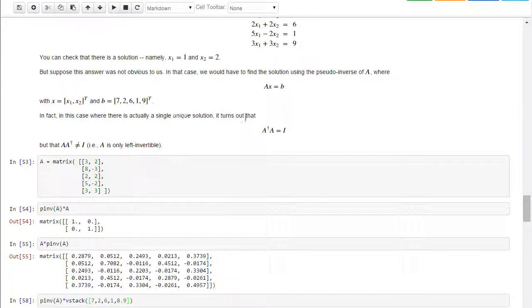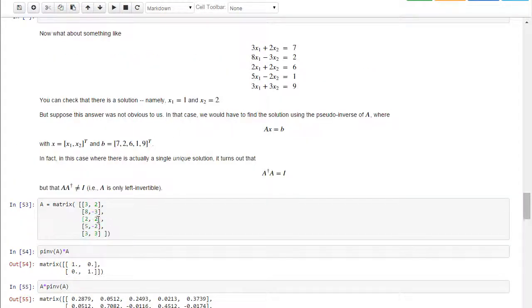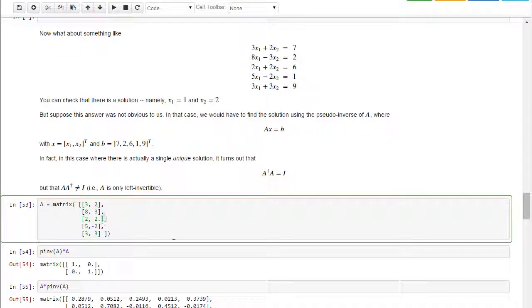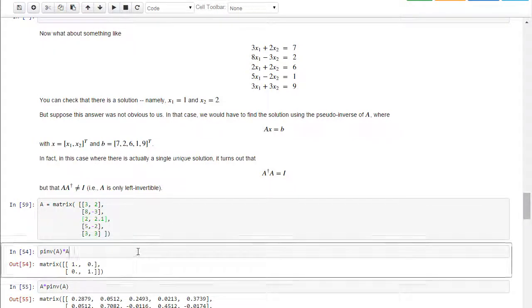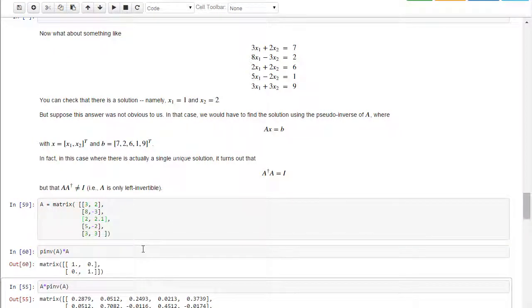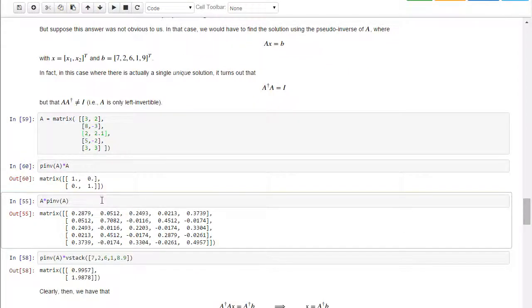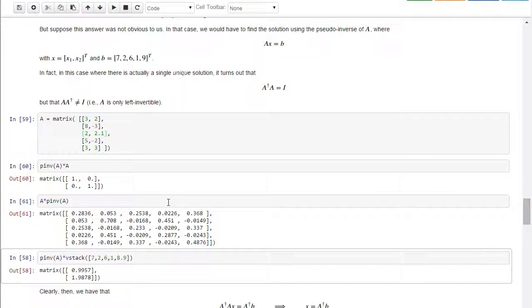The same thing, if we change one of these numbers slightly, suppose we make that a 2.1. Okay, then the P inverse A times A is still the identity, and if we execute there, we're not exactly 1 and 2.